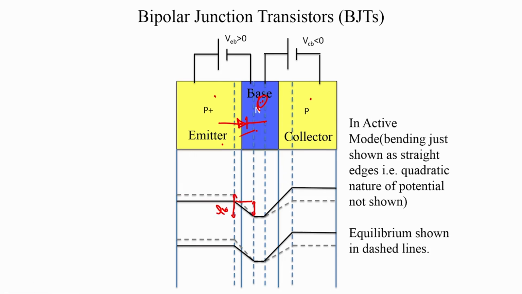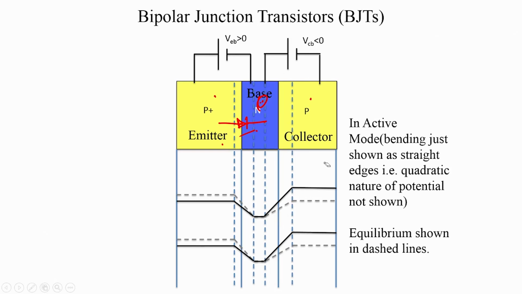That was phi Bi and this becomes phi Bi minus VEB. On the other hand, since this diode is now reverse biased, this built in potential is increased. At equilibrium, let us say that was phi Bi, it is now increased to phi Bi minus VCB, where VCB is less than 0. So that is the change in the band bending diagram.